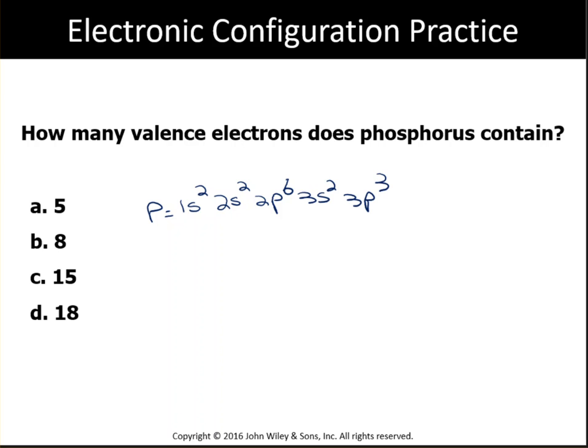So in order to find the valence electrons, we need to identify the valence shell. 3s and 3p are valence shells. So those are the outermost sublevels. And you have 5 electrons total in 3s and 3p.